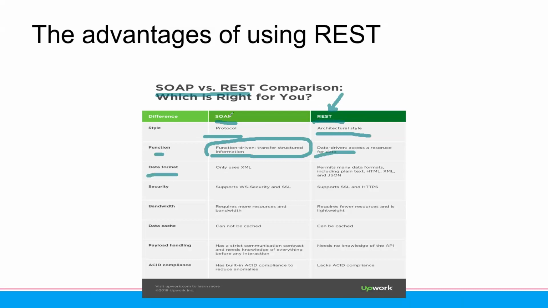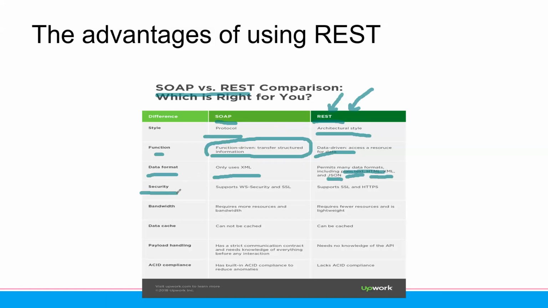The data format in SOAP uses XML. But the REST API permits many data formats, including plain text, the txt file, HTML, XML, and also JSON. So that's why we learn about XML and JSON.